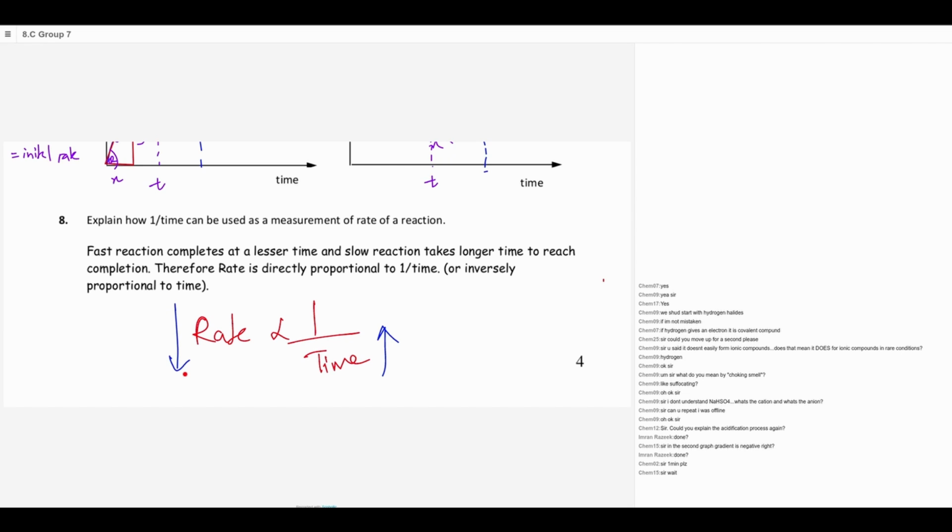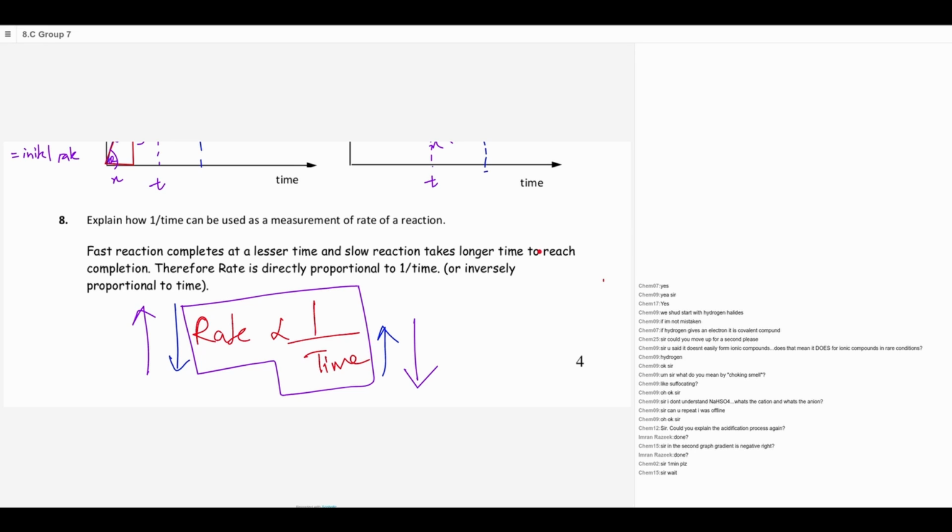That means the rate is low. If it takes a lesser time to complete, that means a fast reaction. So rate is inversely proportional to time. In fact, 1 upon time is often used as a measurement for the rate.